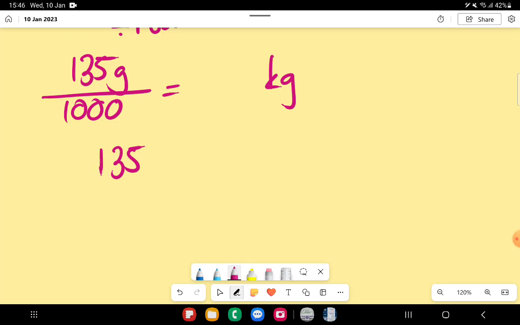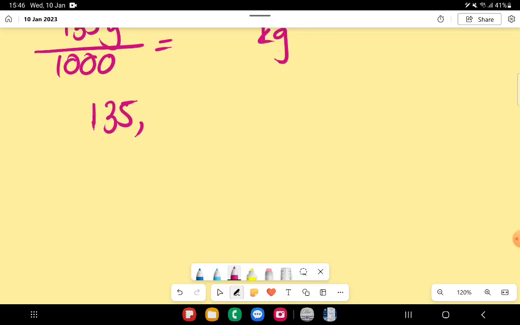There is a decimal comma on this number, even though I didn't write it down. And this decimal comma is at the end of the number. So mathematicians are very lazy. They don't write things that they don't have to write. So all numbers, if you see a number and there's no decimal comma on there, just know that it is behind the last digit.